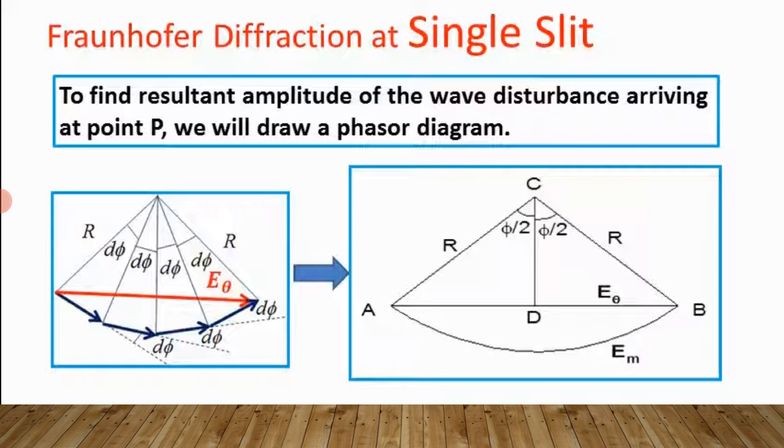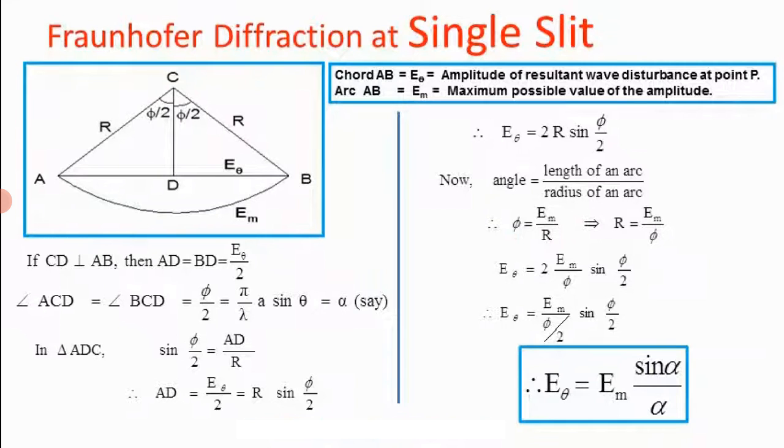Draw a perpendicular from the apex C to AB, at D. It will bisect the chord as well as the apex angle. Angle ACD is phi by 2 and angle BCD is phi by 2. Chord AB is denoted as E theta and AC is the radius, denoted as R. Then chord AB, E theta, is the amplitude of the resultant wave disturbance at point P. Arc AB is equal to EM, the maximum possible value of the amplitude.